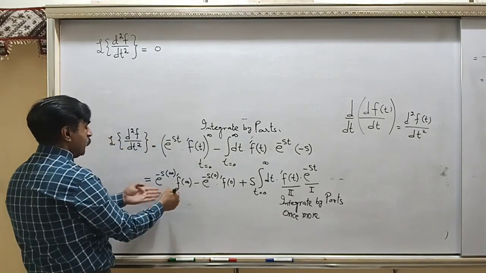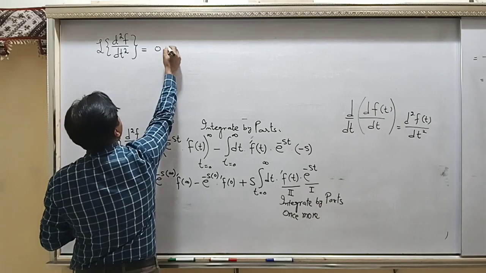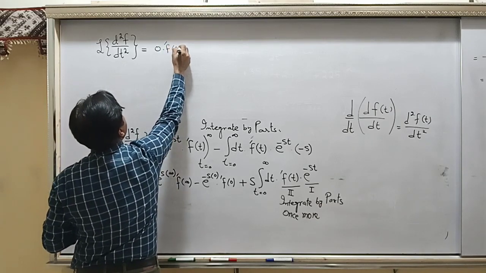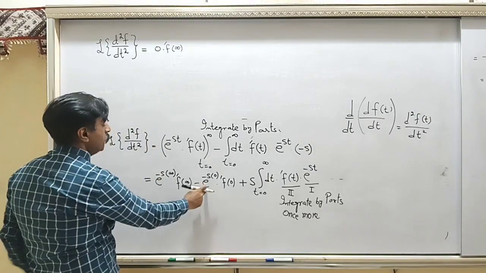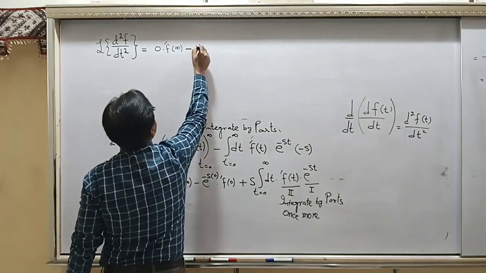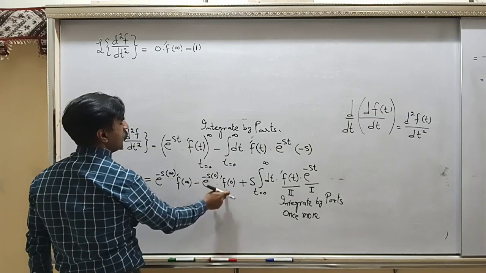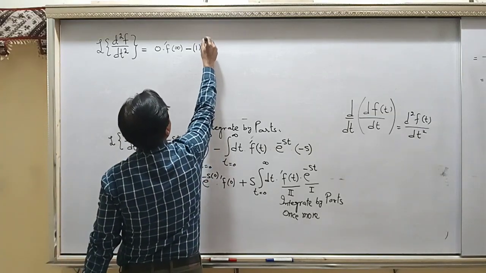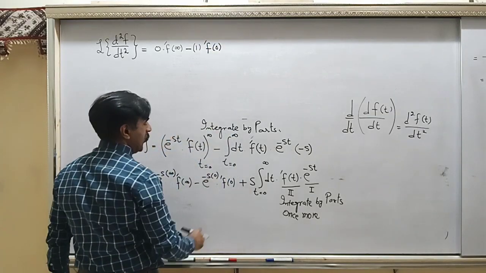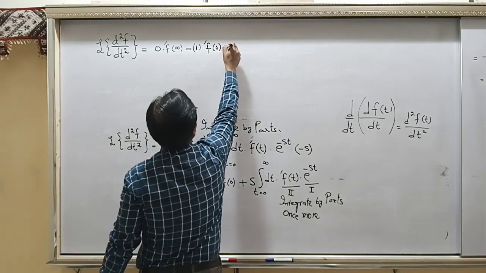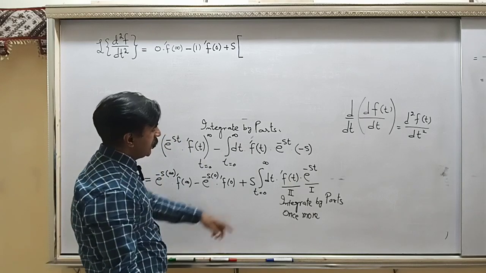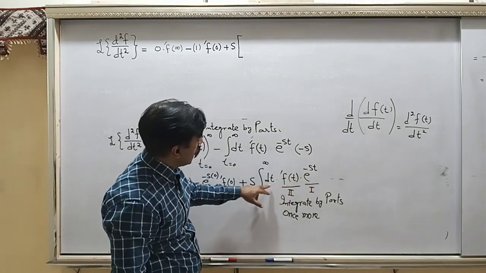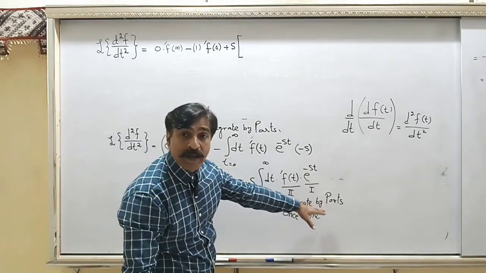Okay, one time you can write it as 0 into f prime infinity. In the next line you will make it 0 minus, e to the power 0 is 1, into f prime 0, plus s, and next you have again integration with respect to t and do it by parts.